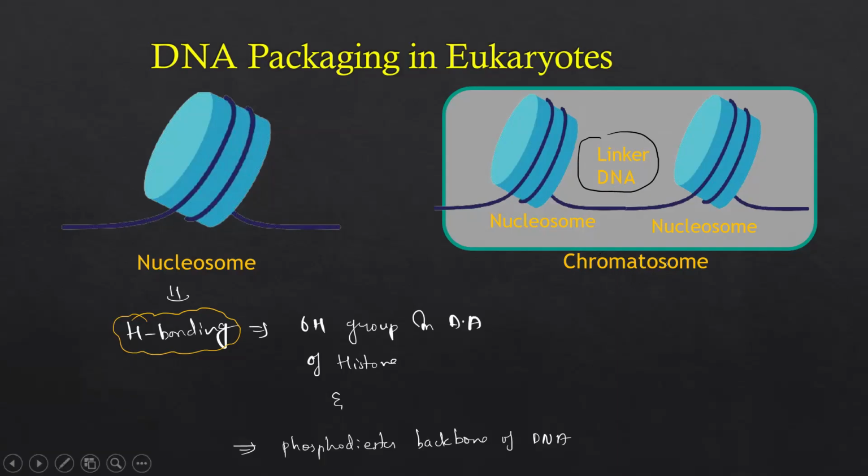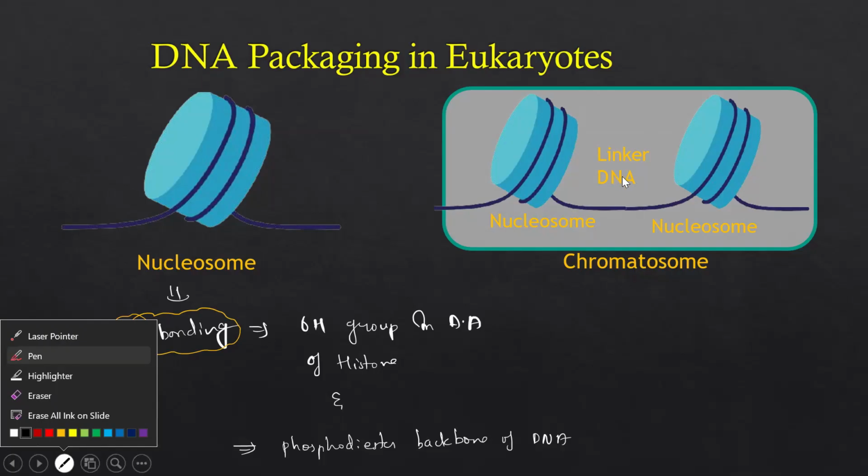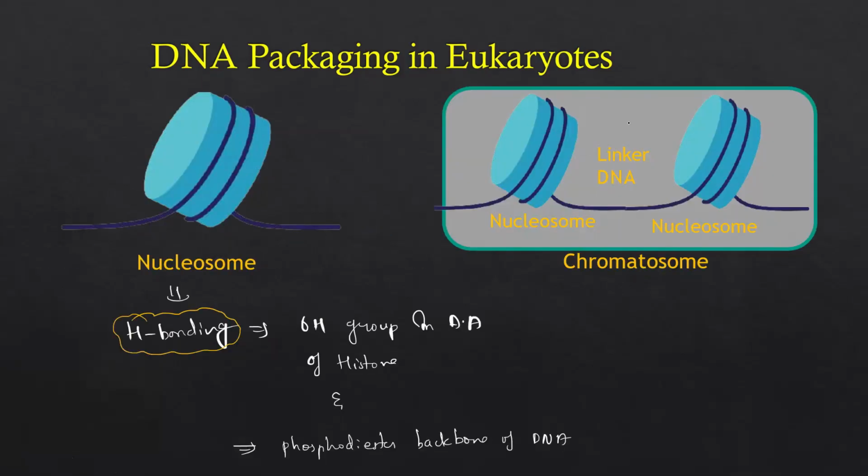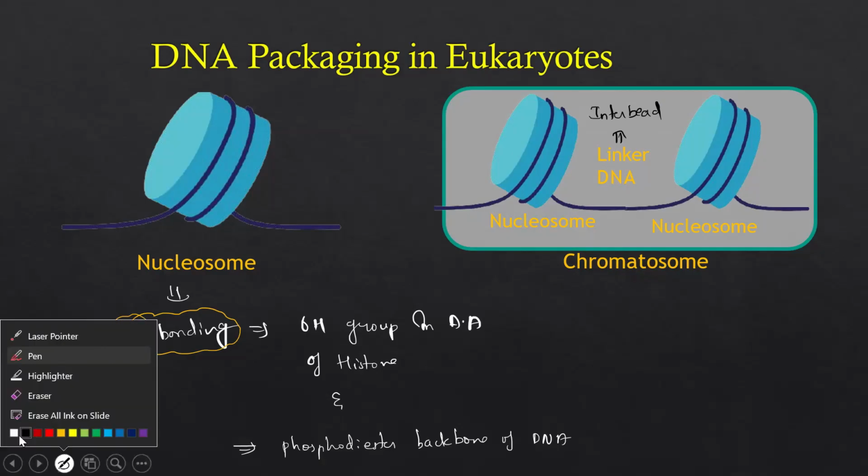The small segment of the DNA that is connecting two nucleosomes, we call it the linker DNA, or this is also called interbead DNA. Is that clear? Any doubts?